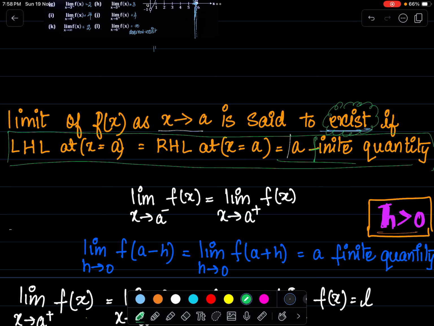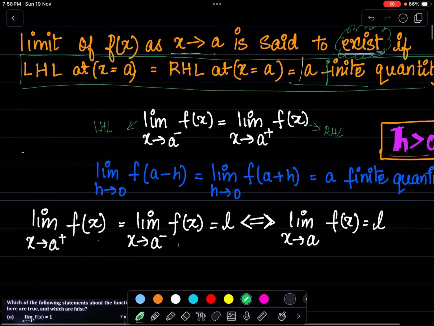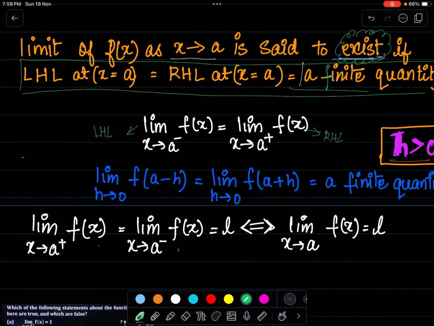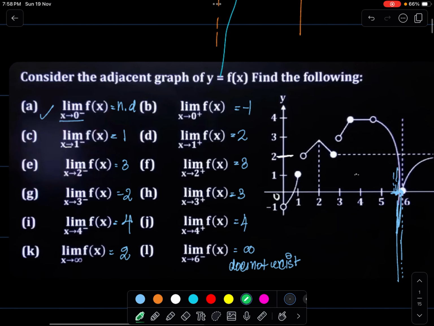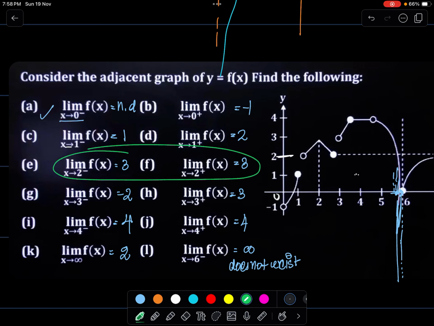So this is my left hand limit. This is my right hand limit. It should be the same and it should equal some finite quantity. Then I can talk about the limit existence at a point. For better understanding, let's come over here. If you look very carefully, you can see that these two have a finite quantity and they are equal.